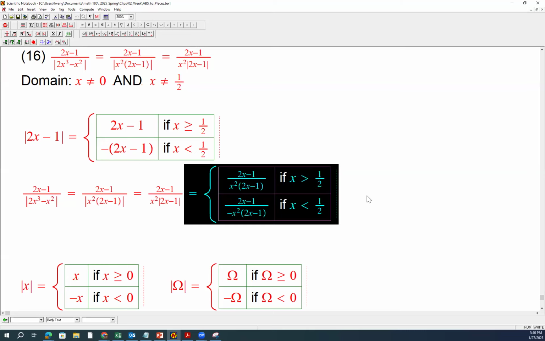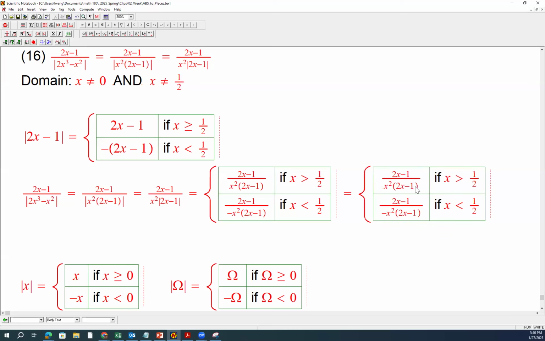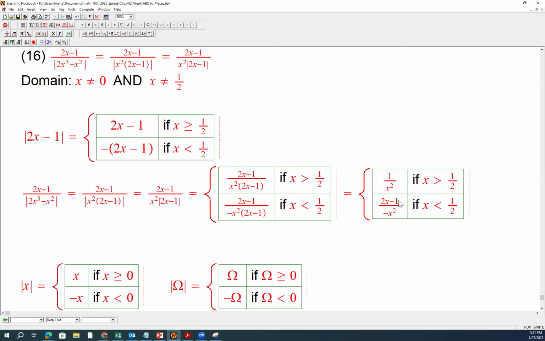One more step: take away the 2x minus 1, take away the 2x minus 1. And we're finished. If you want it to look prettier, you can bring this negative sign in front of it. That's it. That's the end of it.